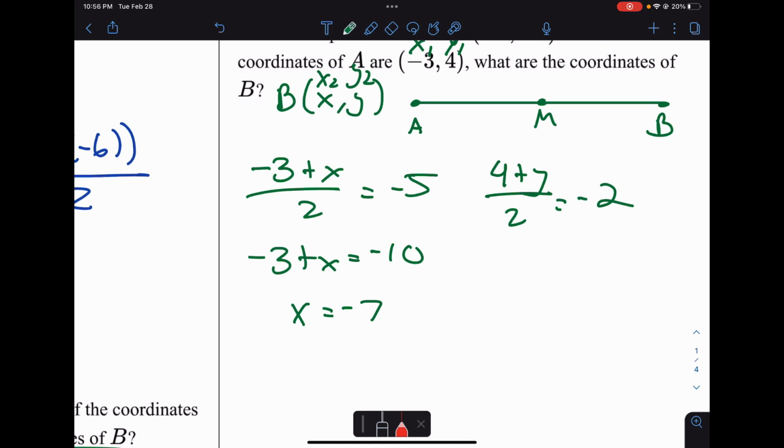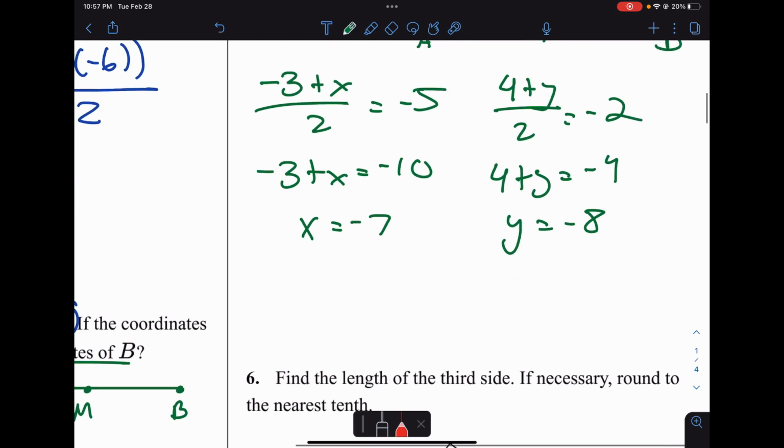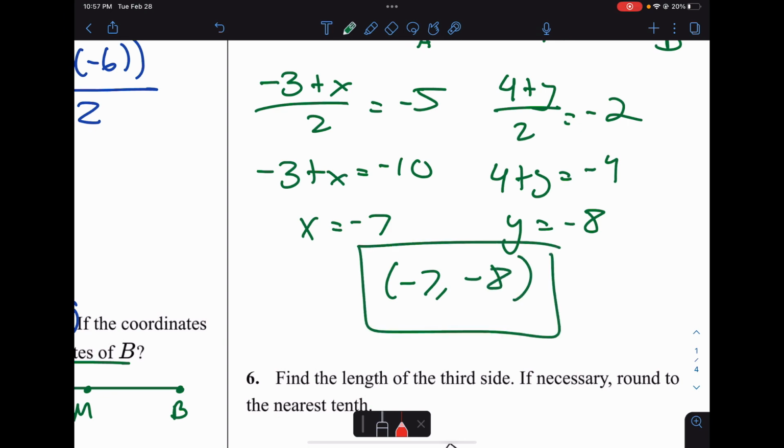Sorry, I had a brain fart. You know, it happens. We get -4. We get that y is 0. Wow, obviously I am struggling. It's late, guys. I'm sorry. We get y equals -8. We should get -7, -8.